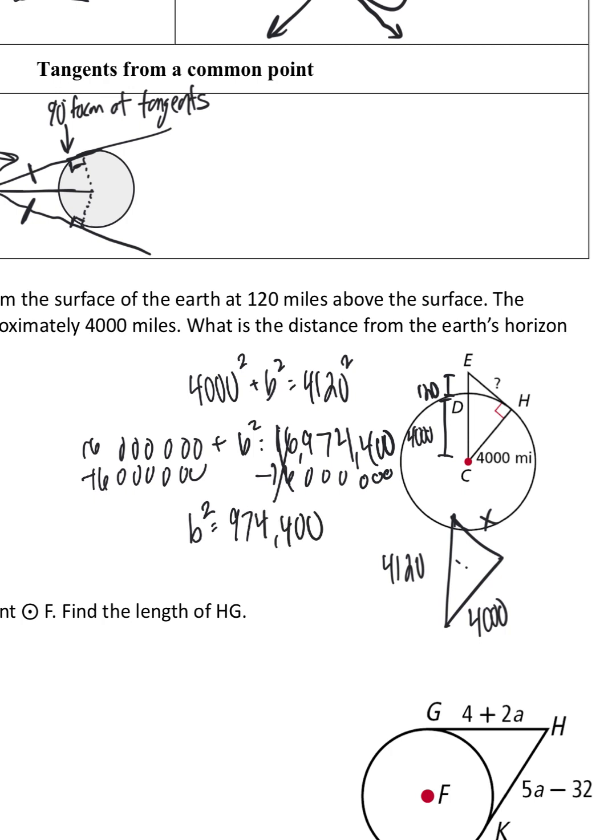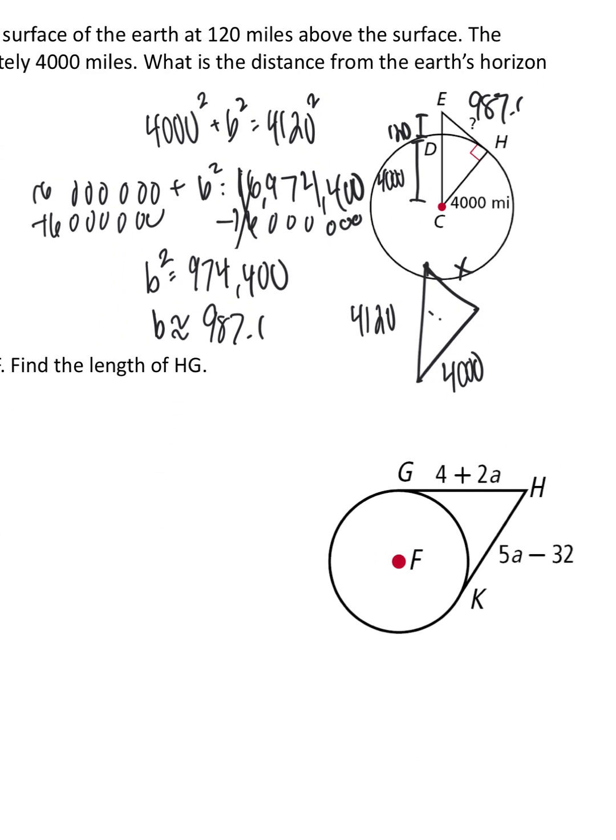Now we can take the square root of that to get our final answer. When I square root that, I get approximately 987.1. So this distance here is about 987.1. That's why we like tangents, because they make 90 degrees if we can form the triangle.